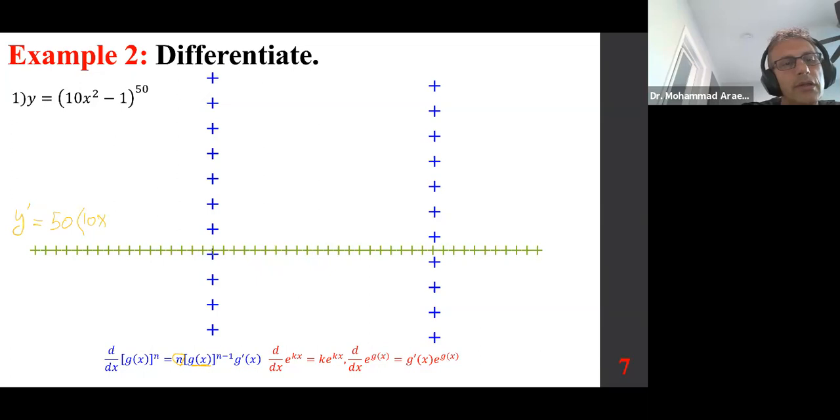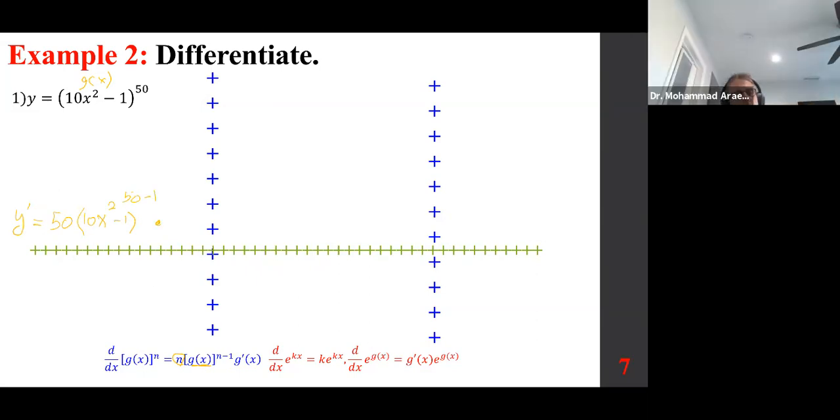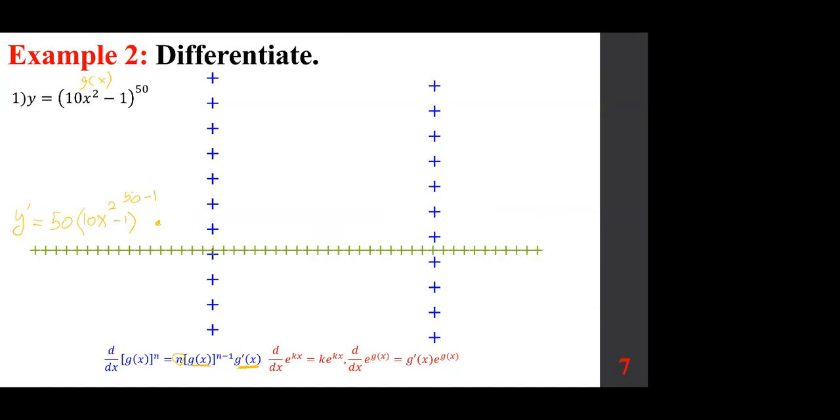10x squared. This is your g of x, okay, class? 10x squared minus 1 to the power of 50 minus 1, or simply 49, times 20x. Very good. Excellent.